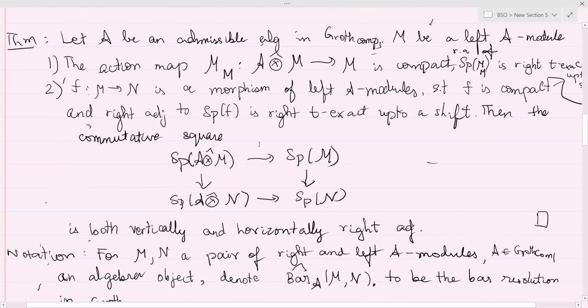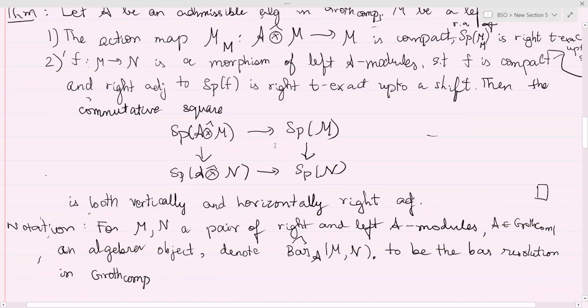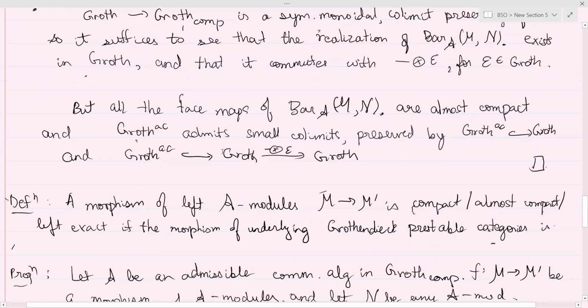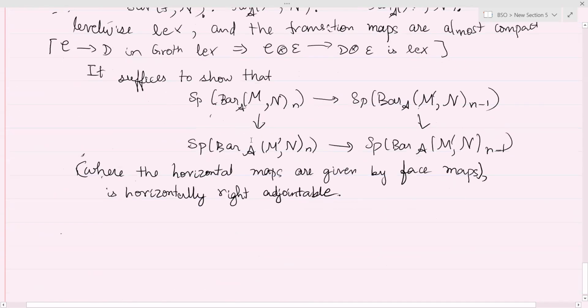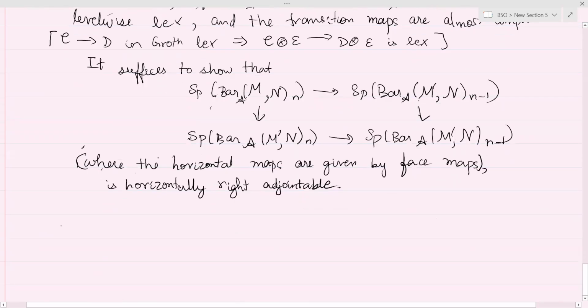Because each of the horizontal maps are again action maps, and the vertical maps are induced by this functor from M to N.